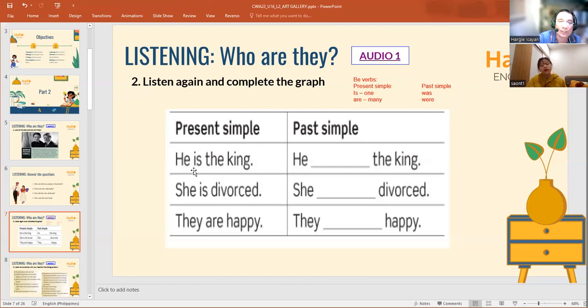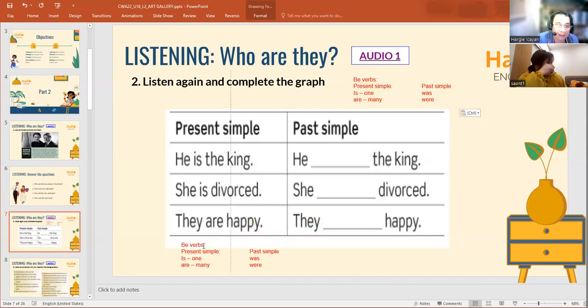So why do we use is? Because our subject is only one. And that would be he, right? If the subjects that we are talking about would be he, she, it. And if our subjects would be we, they, and you.